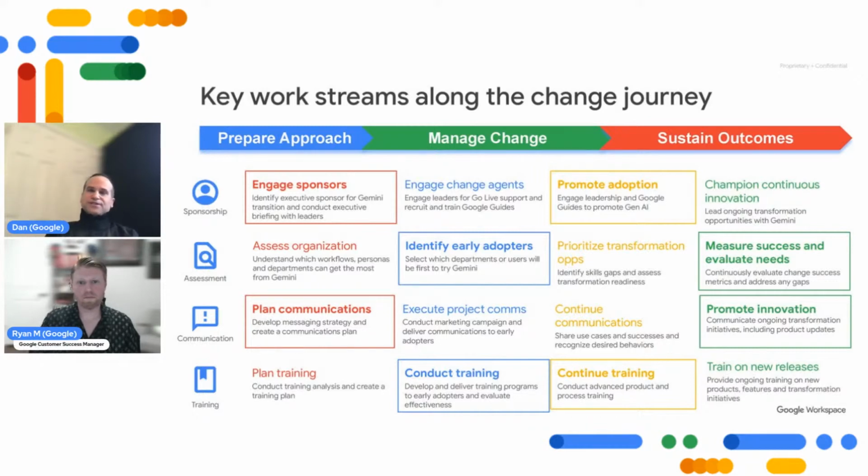Early adopters is a key group. This is your group of enthusiasts, right? Those that like playing with the tech. They're curious, they're open to learning and sharing. Oftentimes this group will naturally transition into being part of your Google Guides or your Google Champions group. Those folks help keep the change going after the initiative is completed.